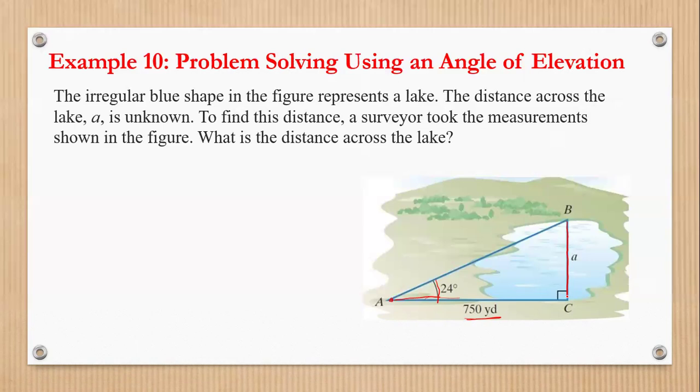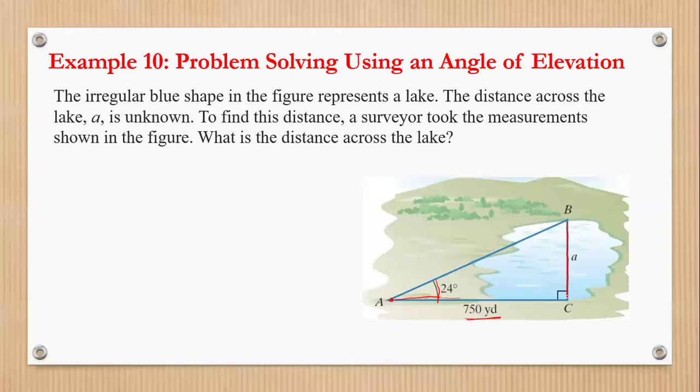So right now you see a right triangle, one angle is given to us, and every time we have an angle, that means we are going to use one trigonometric function for that angle. We can use the sine or cosine or tangent, but we need to see, based on the information that's given to us and the information that they're asking for, which one of those functions can help us faster.